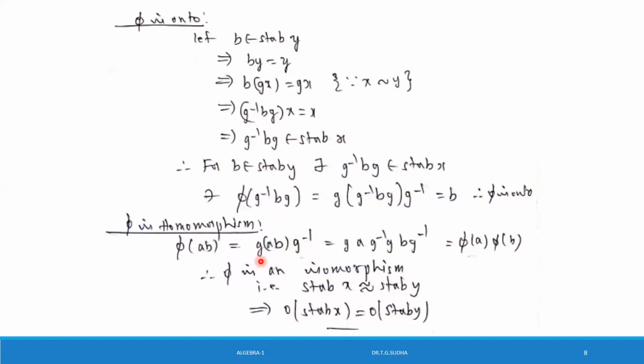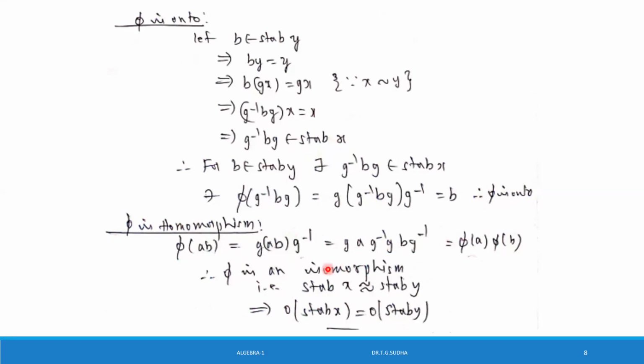Now to show that phi is a homomorphism, let us consider phi of AB. So that gives us G into AB into G inverse. We can certainly insert one E in between A and B. For that E, we can substitute G inverse G. Combining the first three elements, we obtain phi of A, and the last three elements will provide phi of B. Hence, phi is a homomorphism.